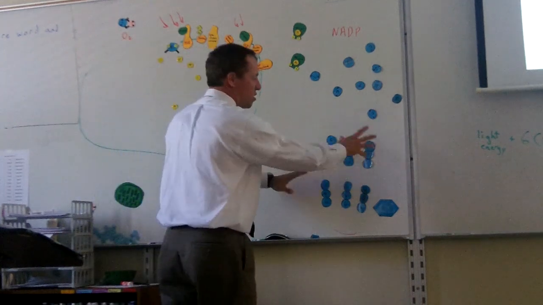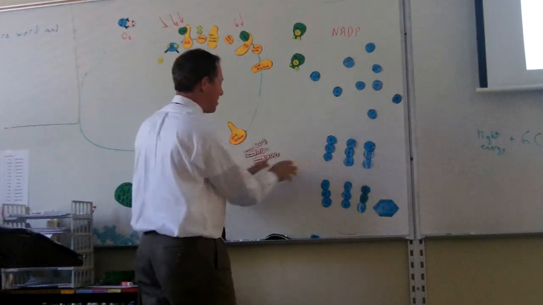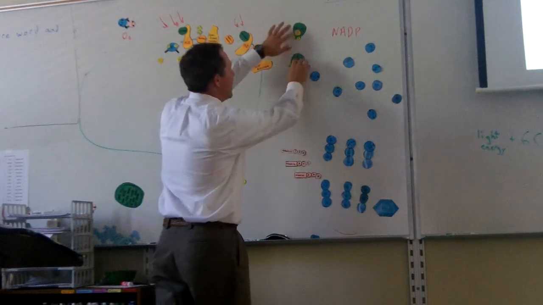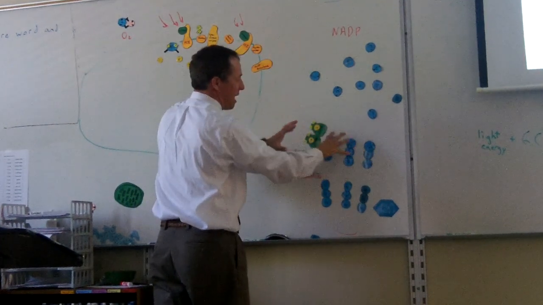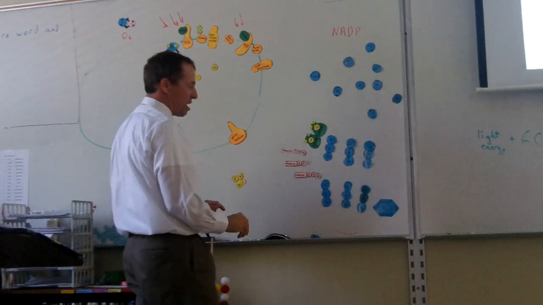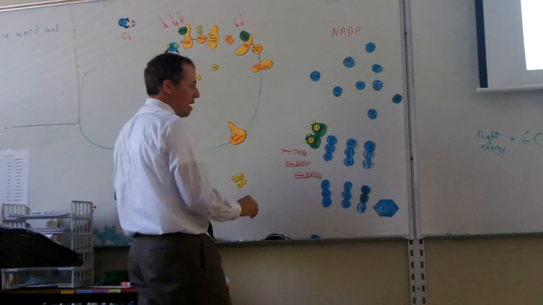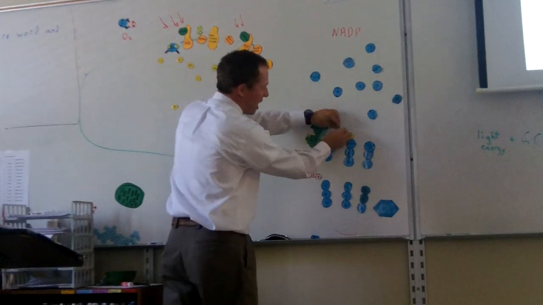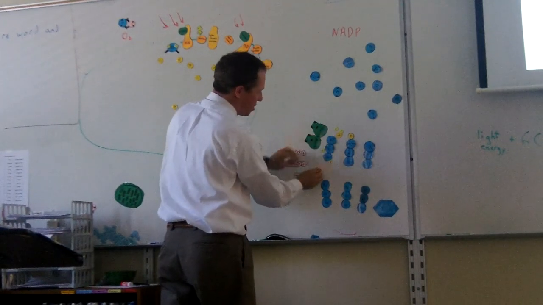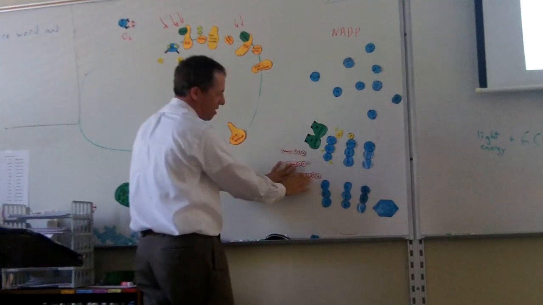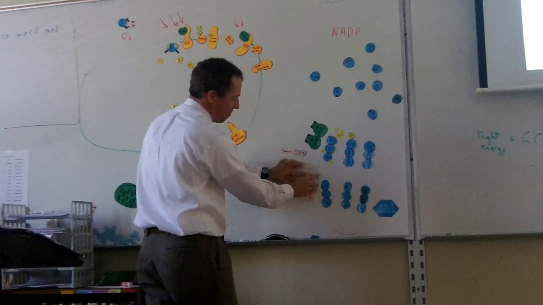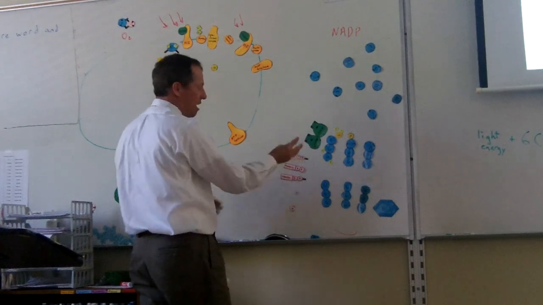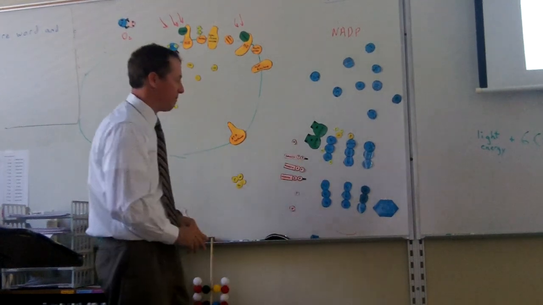These molecules will be attacked by the ATP and the NADPH that we made earlier in the process. Hydrogens and electrons will be given to these molecules, and energy will be given to these molecules from the ATP. And the ATPs fall apart back into ADP and P.